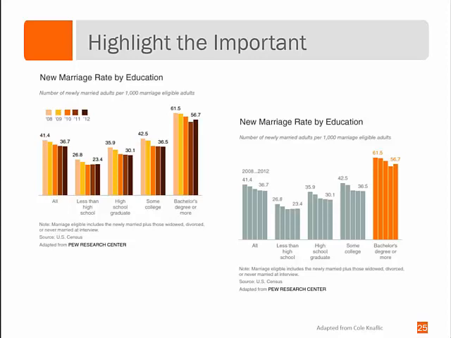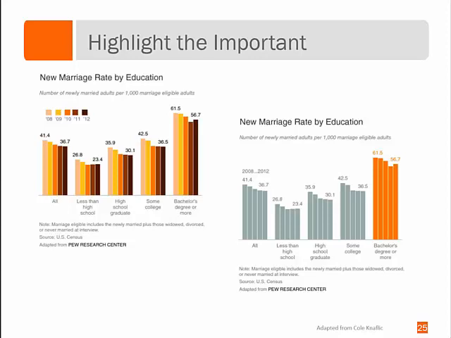So in the top left-hand visualization there, we have different categories of education. So all is on the left-hand side, then less than high school, some college, and then a bachelor's degree. So different categorizations of education. And then we've encoded the bars for different years, 8 through 12.